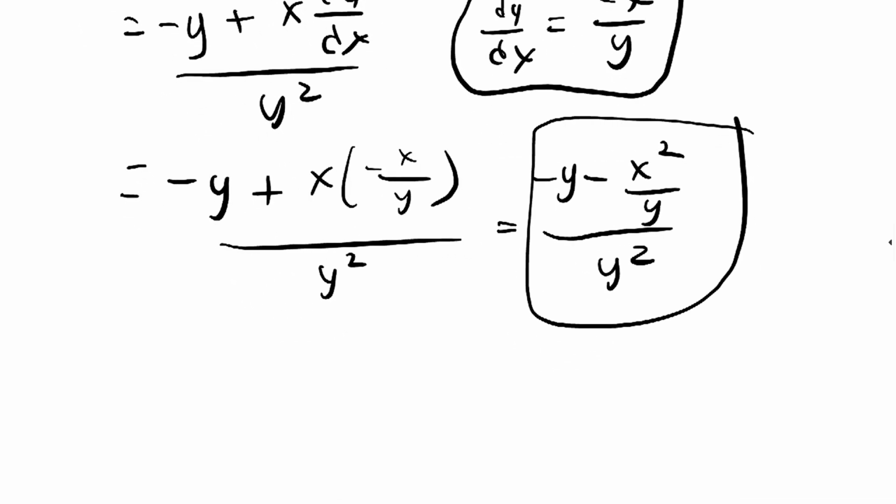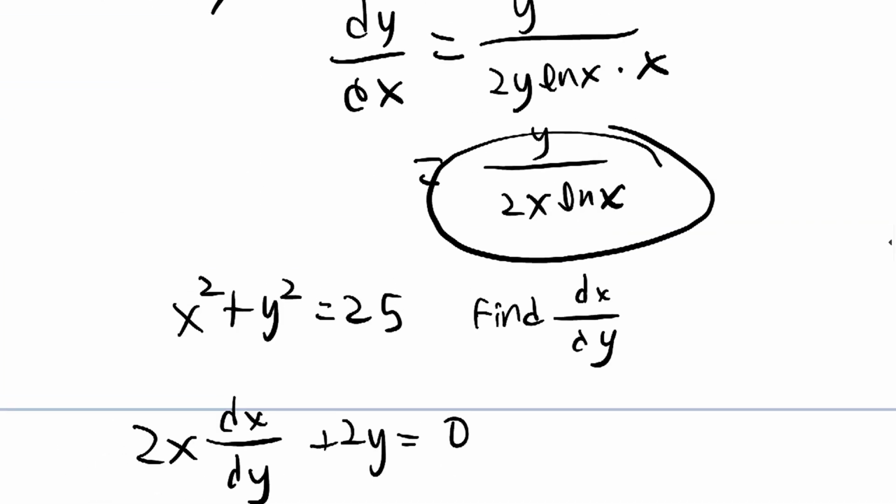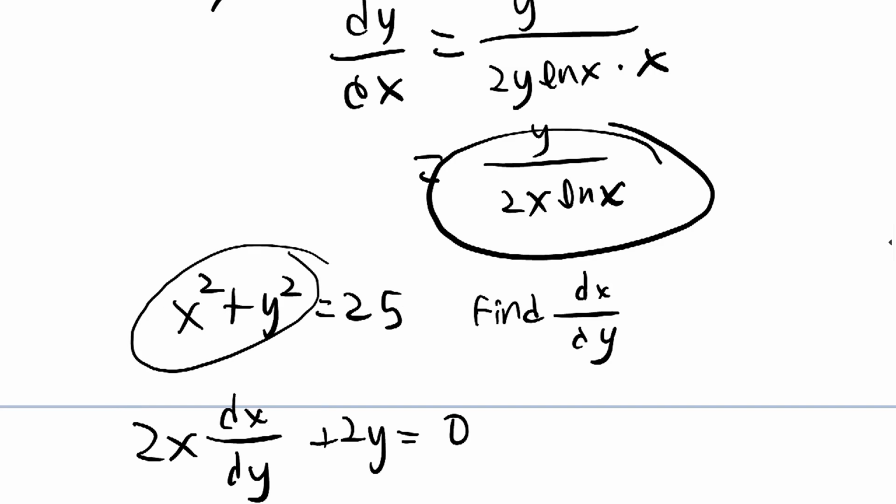Okay, so that's all you need to know about implicit differentiation, guys. When you're dealing with multivariable stuff like this, which aren't really functions, right? There's a y squared term, so that already kind of causes some trouble. When you're dealing with this stuff, just make sure, first of all, look at what they're asking.